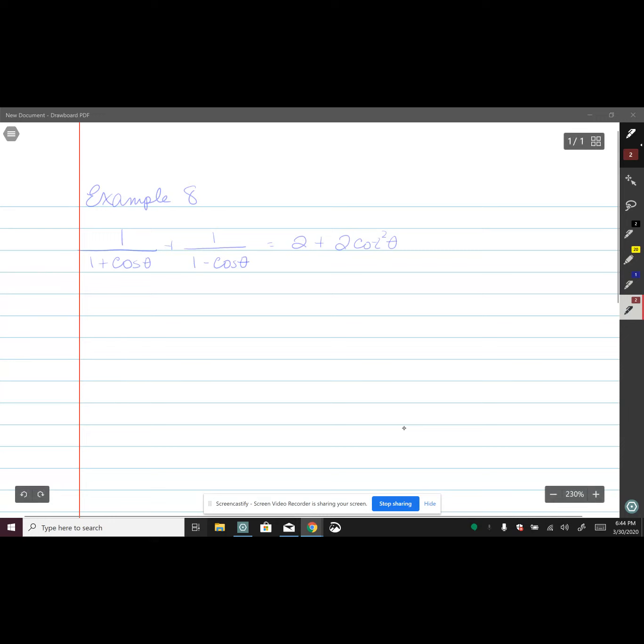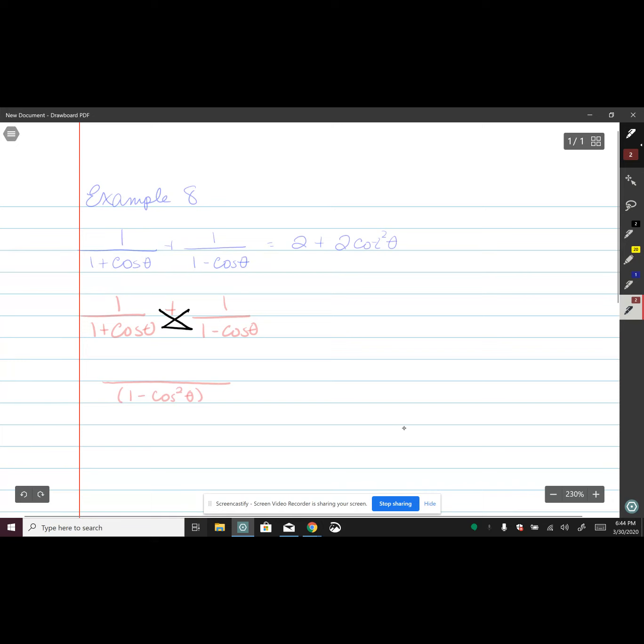So I'm going to start out with 1 over 1 plus cosine of theta plus 1 over 1 minus cosine of theta. Okay. Not much I can do with this except combine the two and make it one really big fraction to see what we wind up with. So when I do that, upside down picnic table, we wind up on the bottom with 1 minus cosine squared of theta.